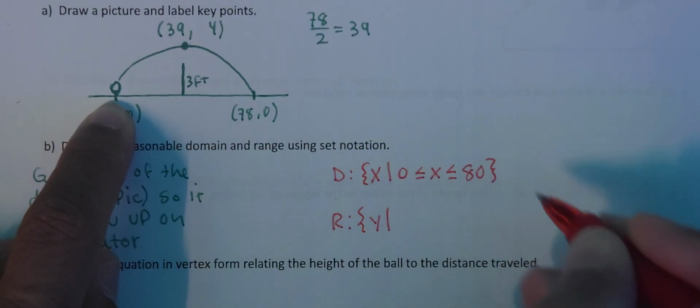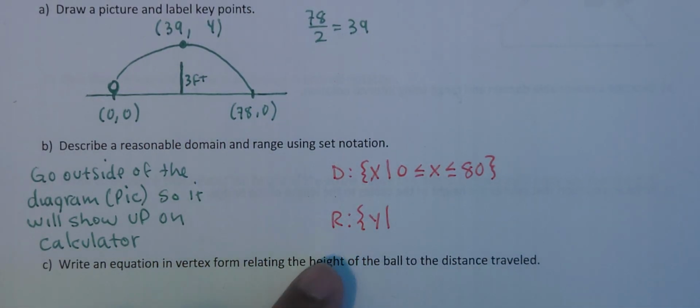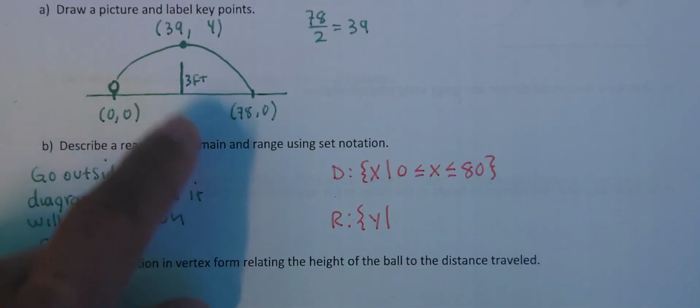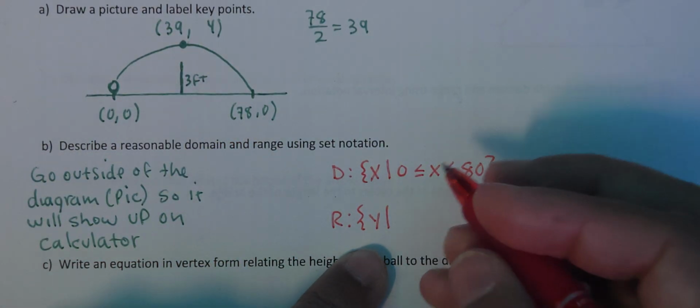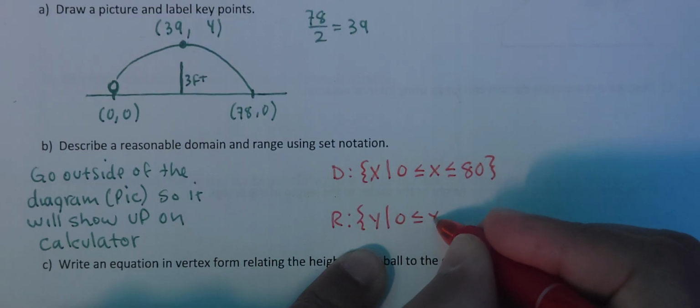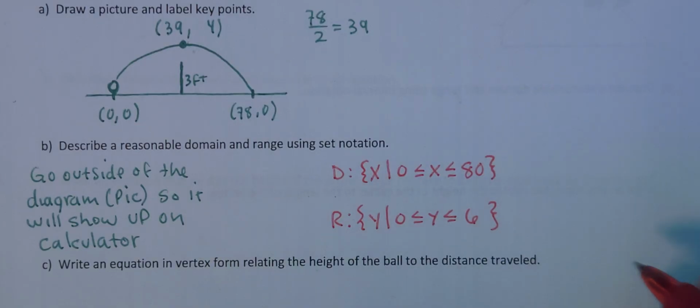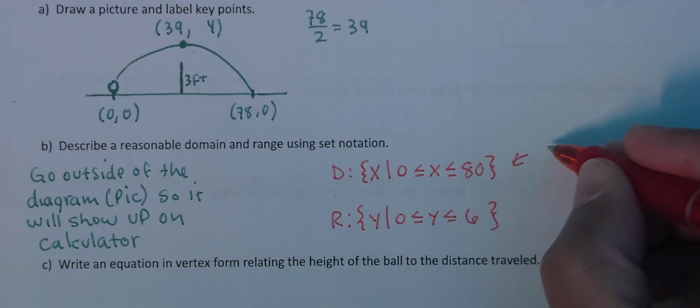So again, that will be a reasonable domain for this problem. The range goes from 0 to 4, so you can make it 5 or 6. So then this is 0 less than or equal to y, which is less than or equal to 6. So this will be the window setting on the calculator.